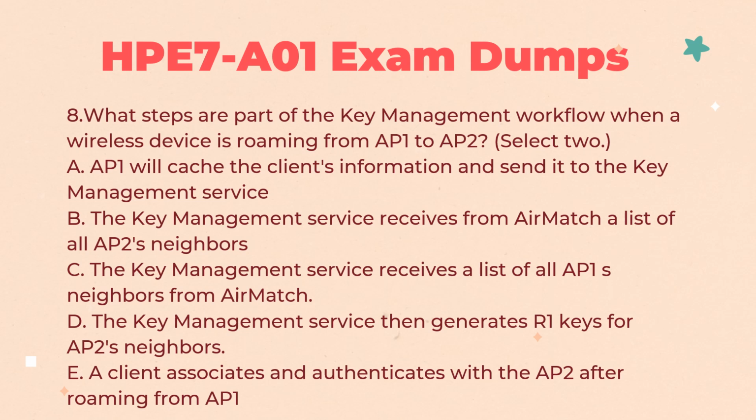C. The Key Management Service receives a list of all AP1's neighbors from AirMatch. D. The Key Management Service then generates R1 keys for AP2's neighbors. E. A client associates and authenticates with the AP2 after roaming from AP1.